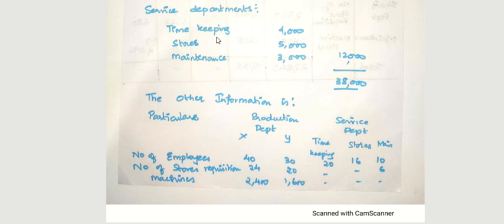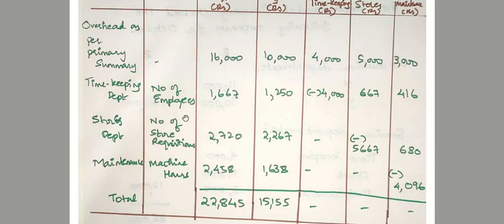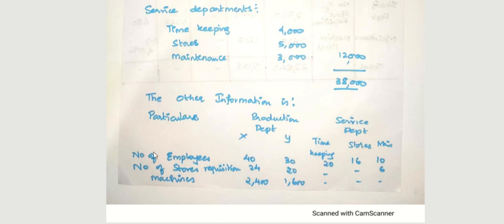So timekeeping department is apportioned based on number of employees. Stores department is apportioned based on number of stores requisitions, and maintenance department is apportioned based on machines. So why do we start with timekeeping department? Because timekeeping department is apportioned based on number of employees, and it has been providing services to all the departments, hence that will be considered first.